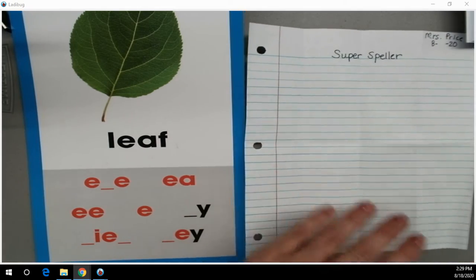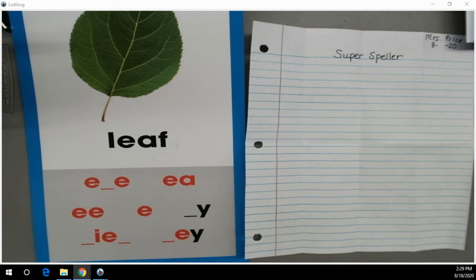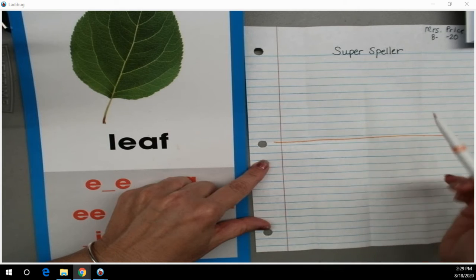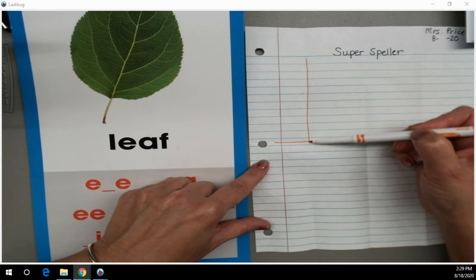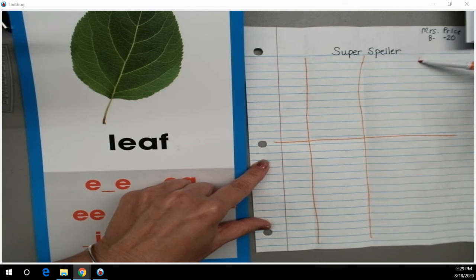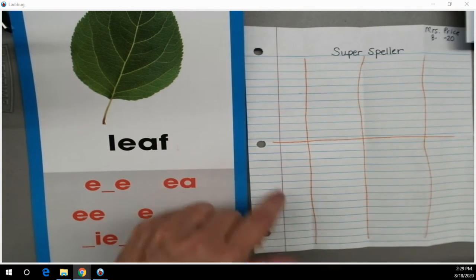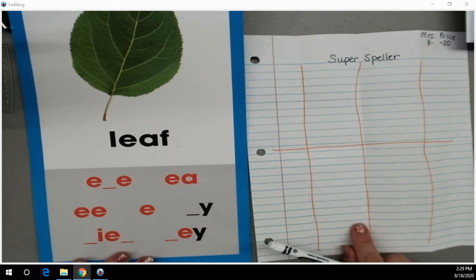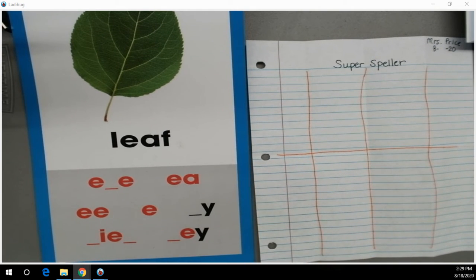And I'm going to take a marker and go ahead and mark my boxes so you can see them. Whoops, not so straight. Sorry about that, friends. And then we can talk about the different ways to spell long E.